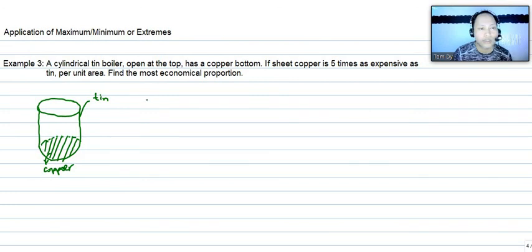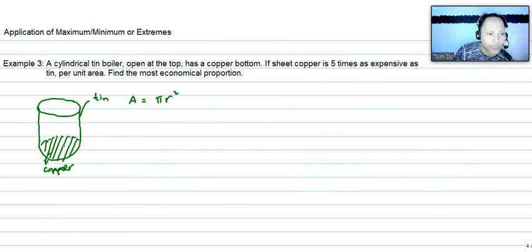So we will solve first the area. The area of this boiler: area equals pi r squared times the cost of this copper.